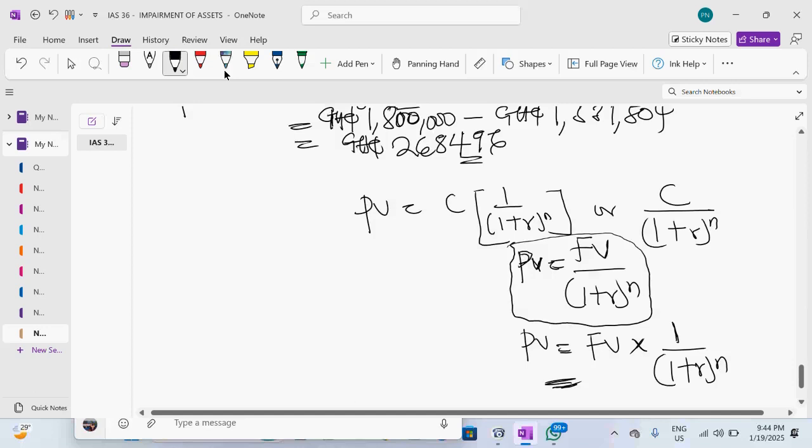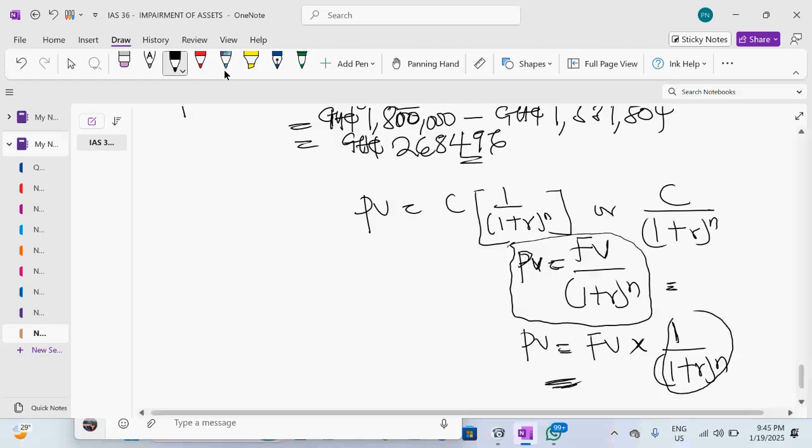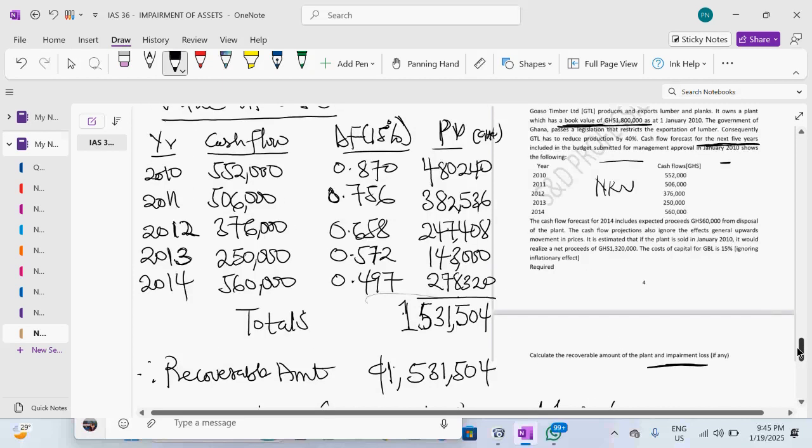This equation is the same as this equation, and this part alone is called the discount factor. If you're just interested in this, you multiply it by the future value or the cash flows. You are actually finding the present value. That's why I did it this way.